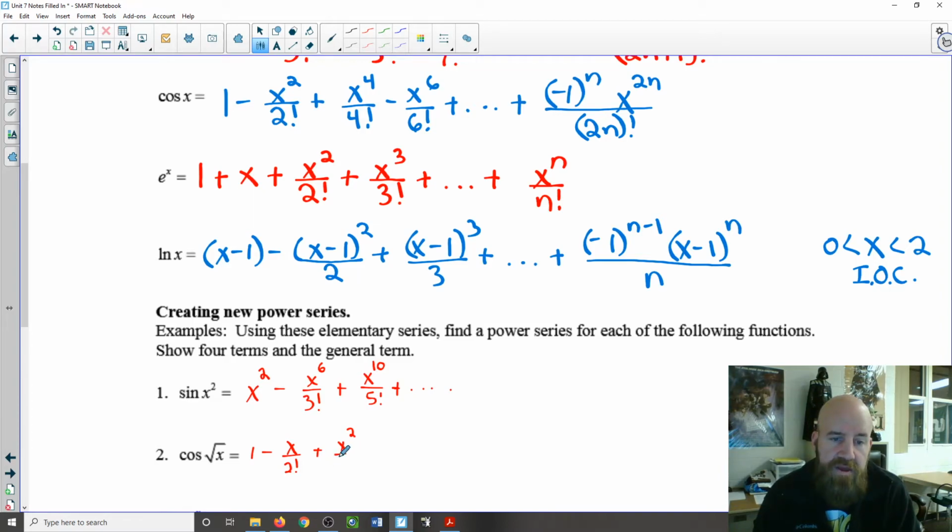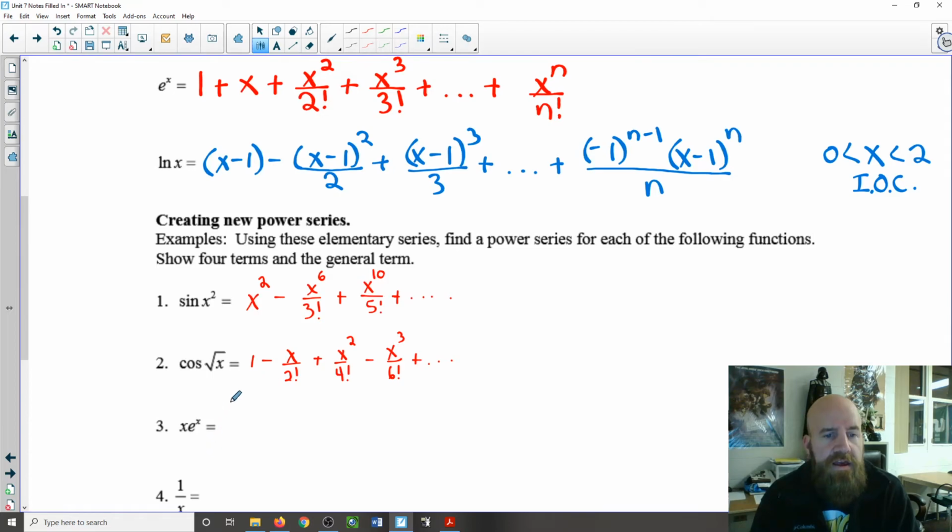And the fourth term would be x cubed. And we can keep going with that if we wanted to. And we can replace our general term. All we would have to do is write square root of x here in the x position for our general term.